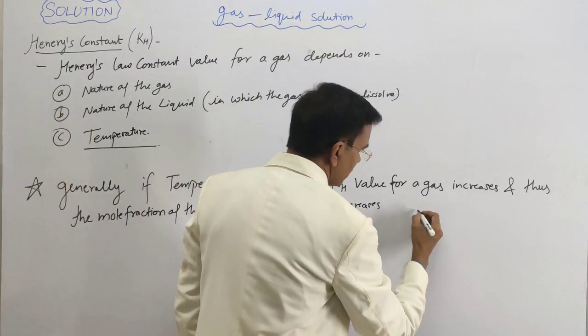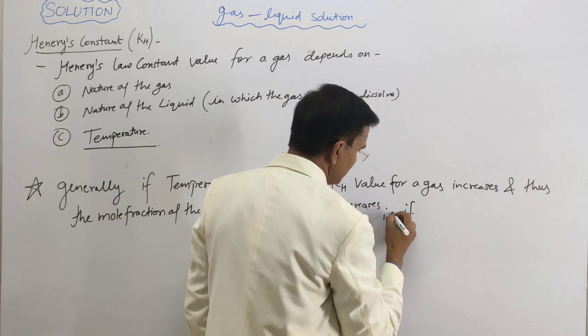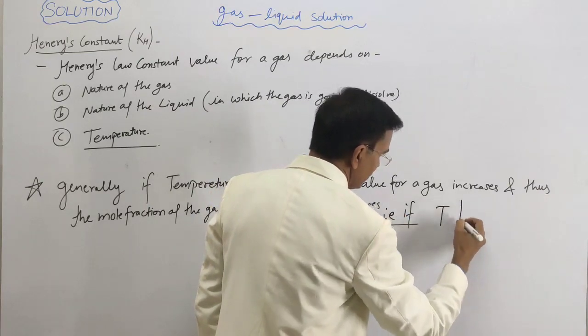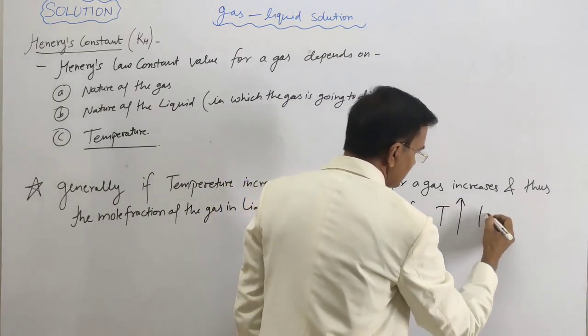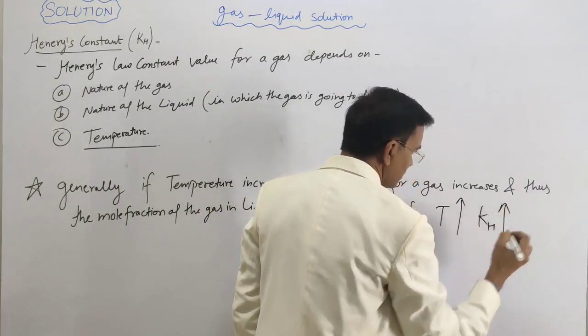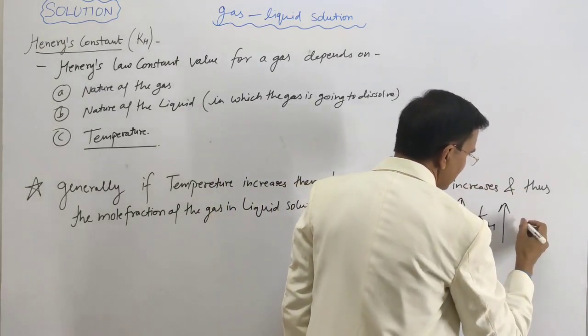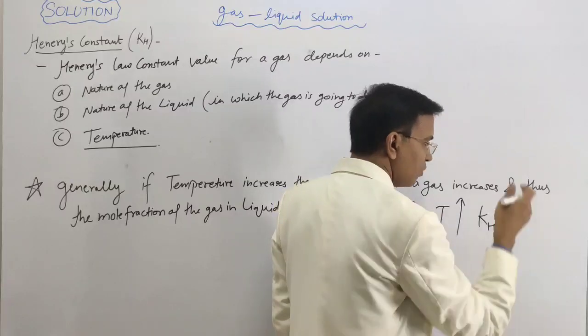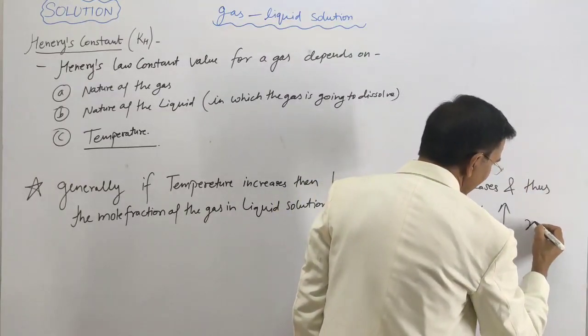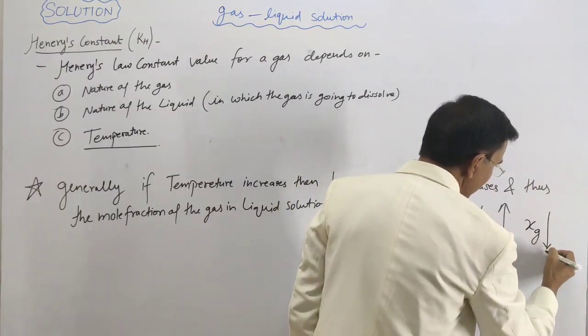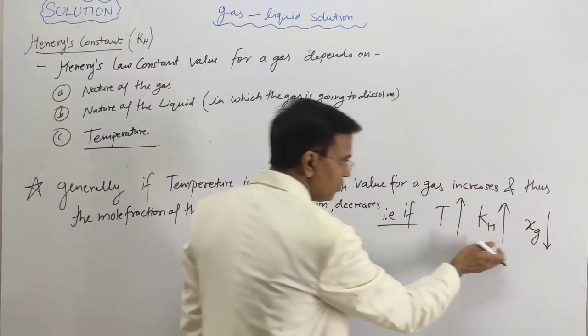That means if temperature increases, kH value increases and the solubility decreases, that means the mole fraction of the gas, X gas, decreases.